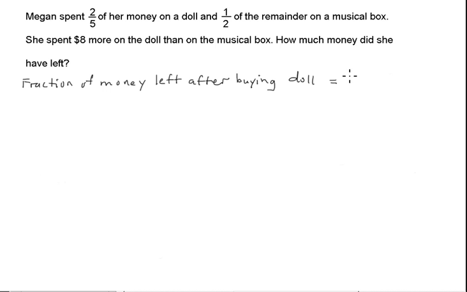And this is equal to 3/5. 3/5, because she spent 2/5 on the doll, right? 2/5 of her money on the doll, so she's left with 3/5. I just want to write this neater. 3/5. Our next sentence, fraction of money spent on the musical box.